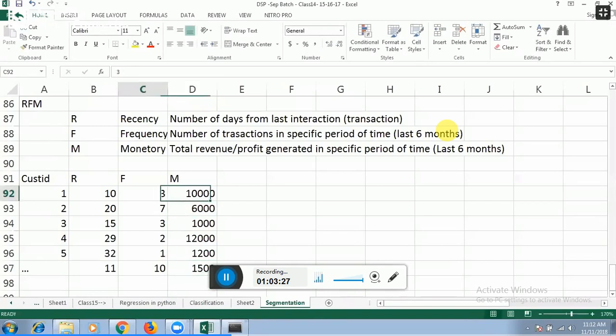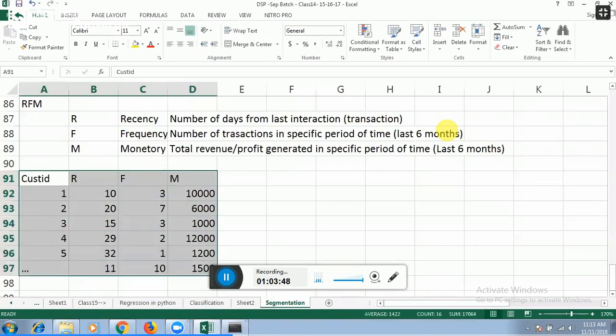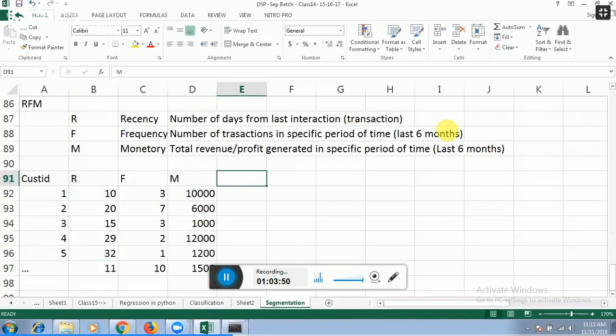So it doesn't mean that someone who visits frequently is spending more. Some customers come once in a month and purchase more, but some customers purchase frequently and purchase less. So this is the typical data you will get at a customer level, and based on this you will come up with a segmentation.